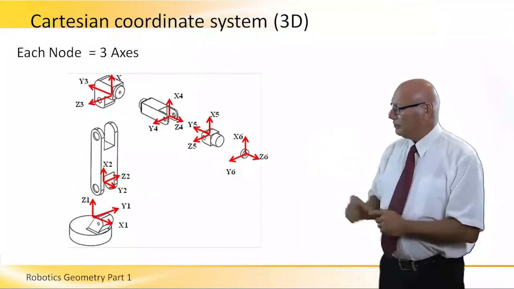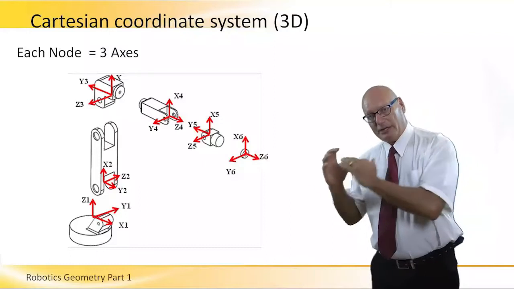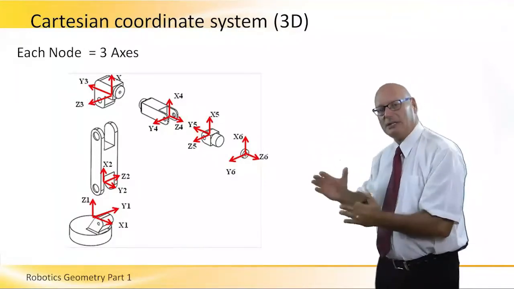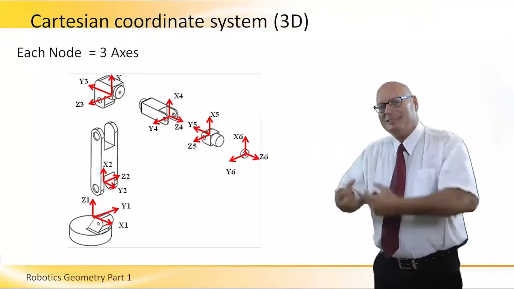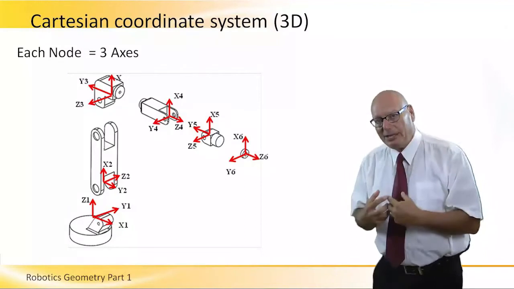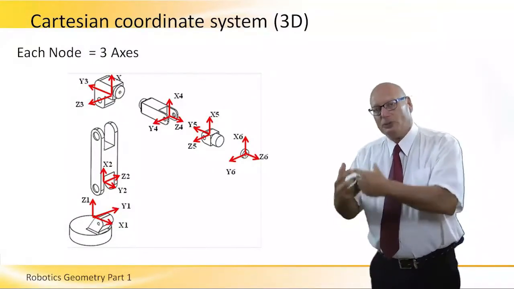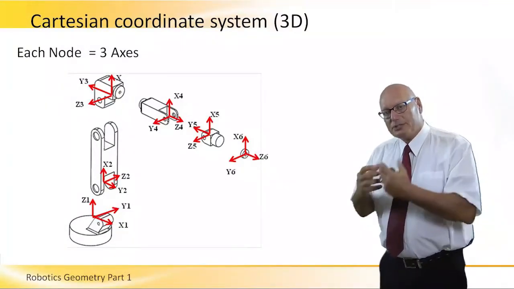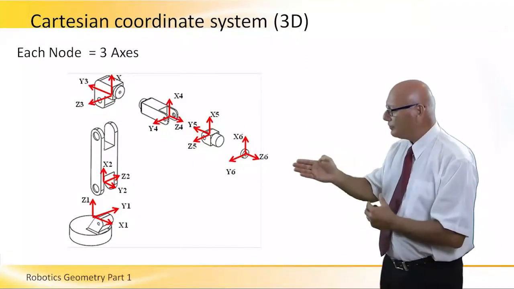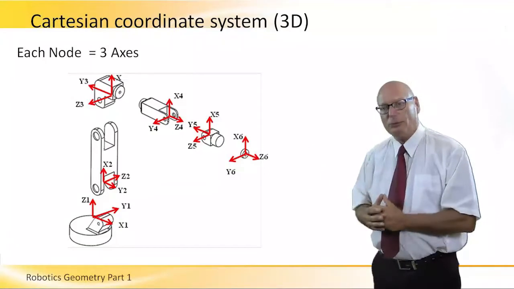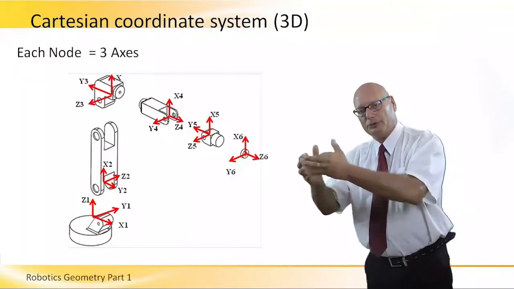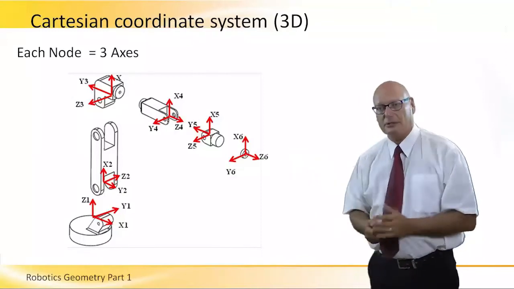Going up to part number 1, we will learn about it later in depth, but we can see that every single segment of the robot has its own 3 dimensions, has its own ability to move in each of these directions. It constitutes 6 different degrees of freedom. So when we count the number of joints, we will see again that this is a 6 degree of freedom articulated robot. And that's what it is.